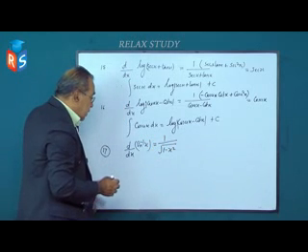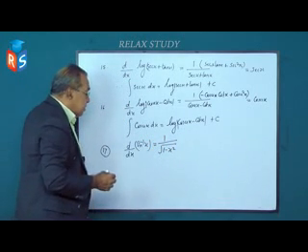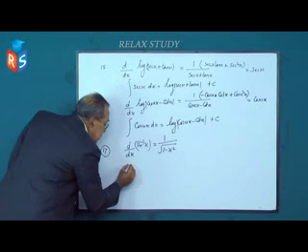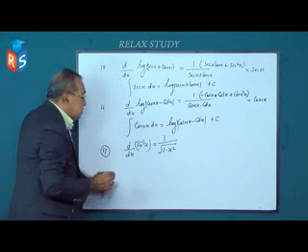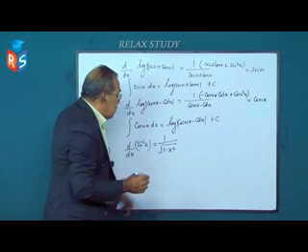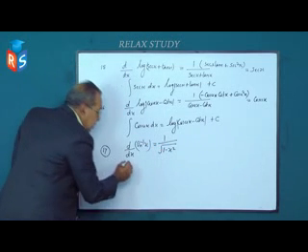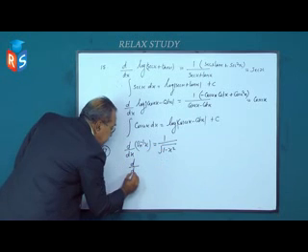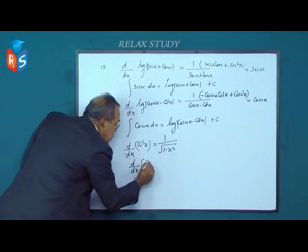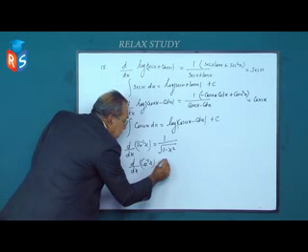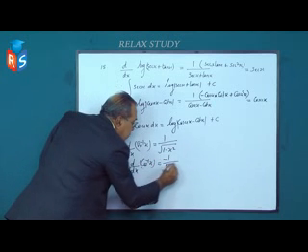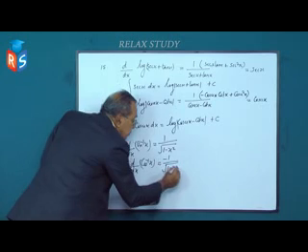And also d by dx of cos inverse x is equal to minus 1 by root of 1 minus x squared.